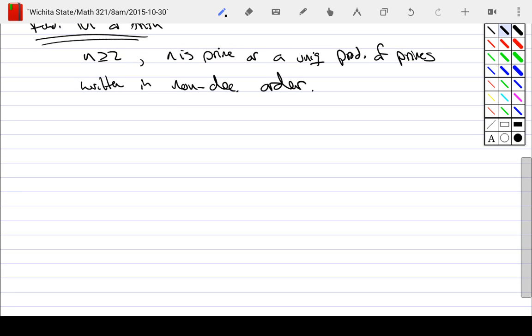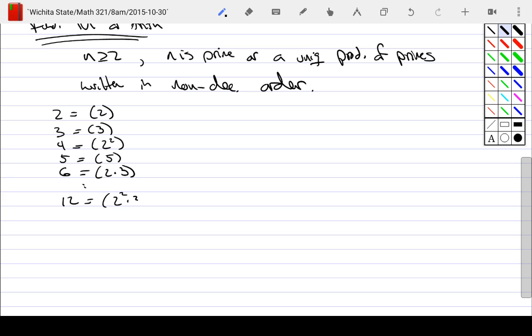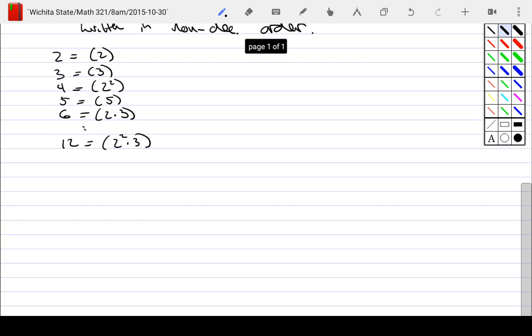The concept of the fundamental theorem is simply this. If I would write these things as products, the number 2 is obviously just a prime. The number 3 is obviously just a prime. The number 4 is the number 2 squared. The number 5 is obviously just a prime. The number 6 is 2 times 3, etc. For example, 12 is 2 squared times 3. And we can go on to say, I don't know, 26, 2 times 13.